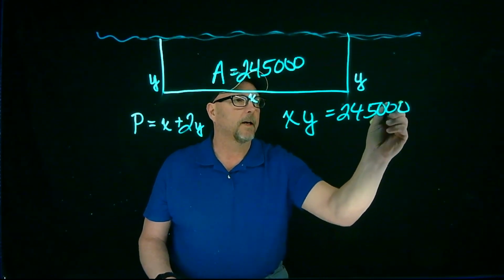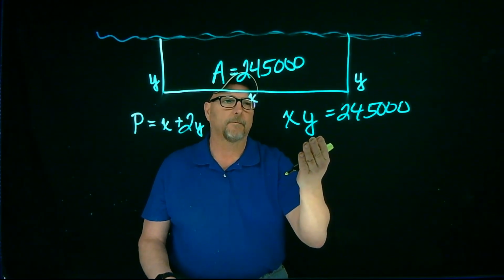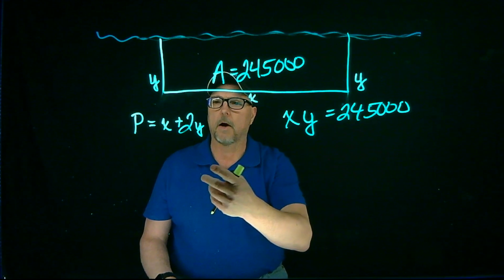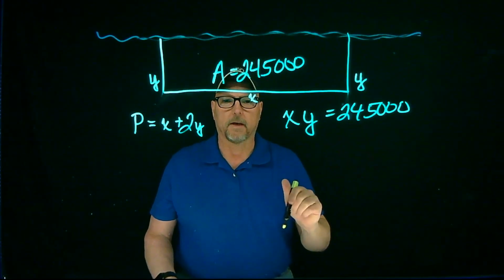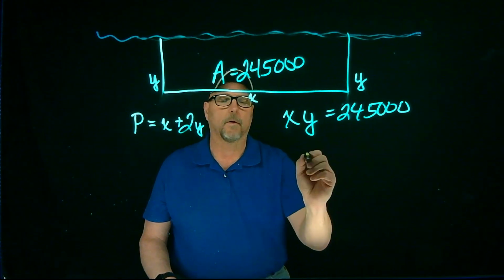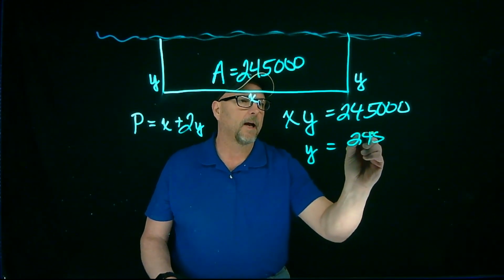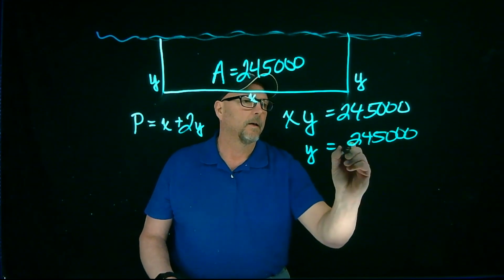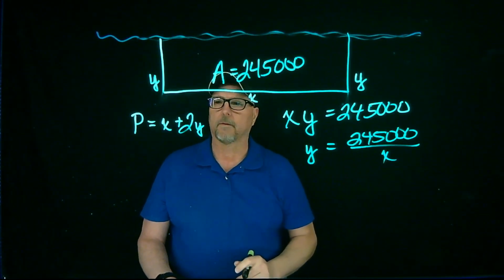Forgot a zero. The secondary equation, we solve for y in terms of x or x in terms of y. Okay, 2 times 245 I know is 490. So I'm going to solve this for y in terms of x. So that would be 245,000 divided by x, or x to the negative 1 if we prefer.